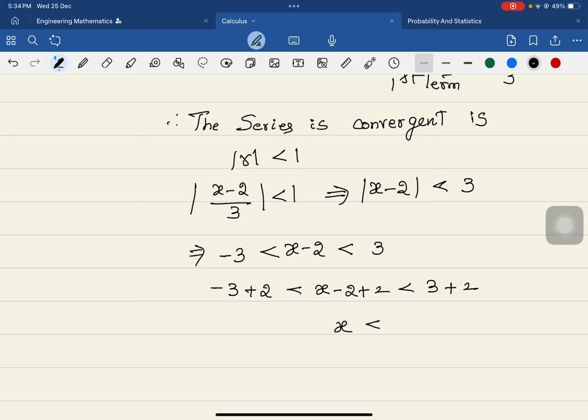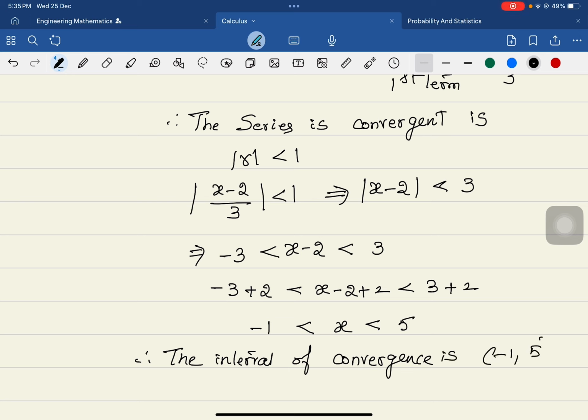So x lies between minus 3 plus 2, which is minus 1, and 3 plus 2, which is 5. So what is the interval of convergence? The interval of convergence is the interval minus 1 comma 5. This is what you can understand. I hope it is more clear. Thank you.